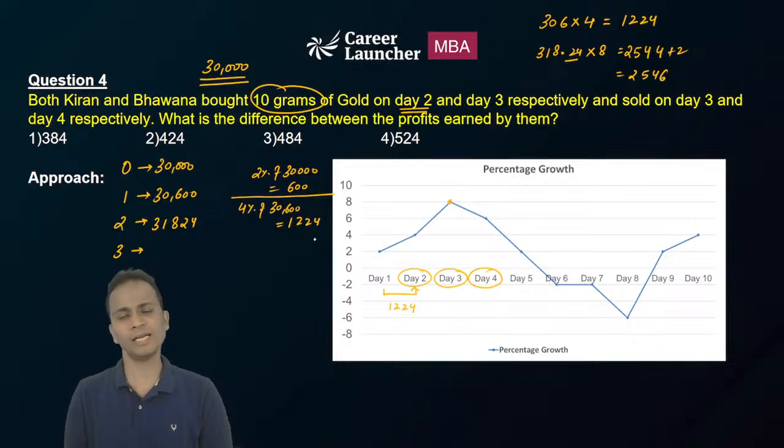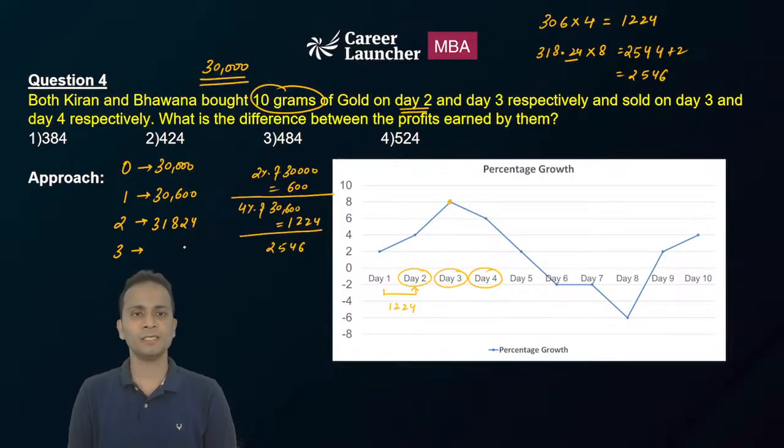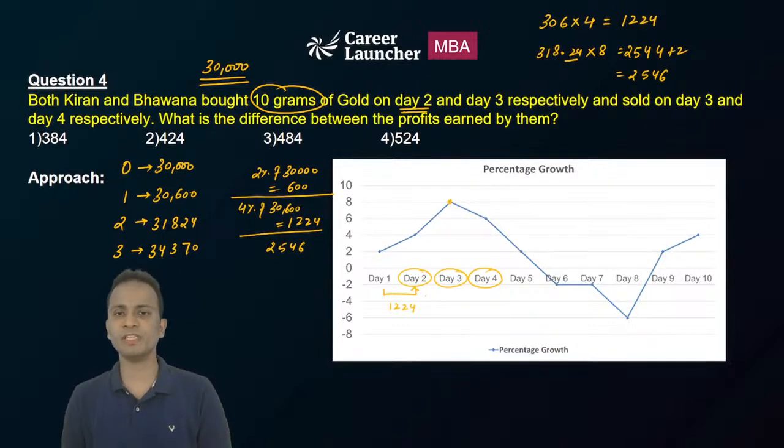So 2546, right? So third day the increase is of 2546. Add करते हैं. So 34,370 is the price, and the difference between the prices of day 2 and day 3 is 2546.